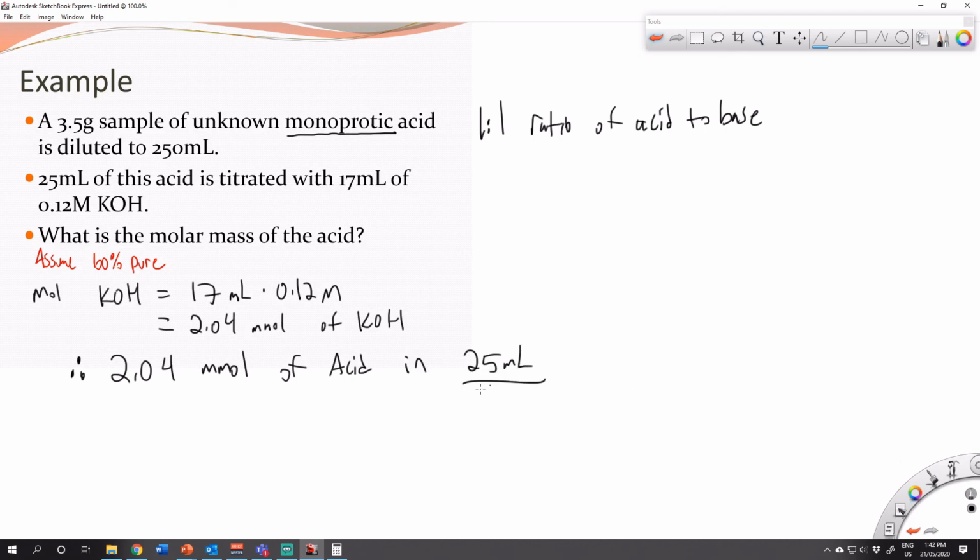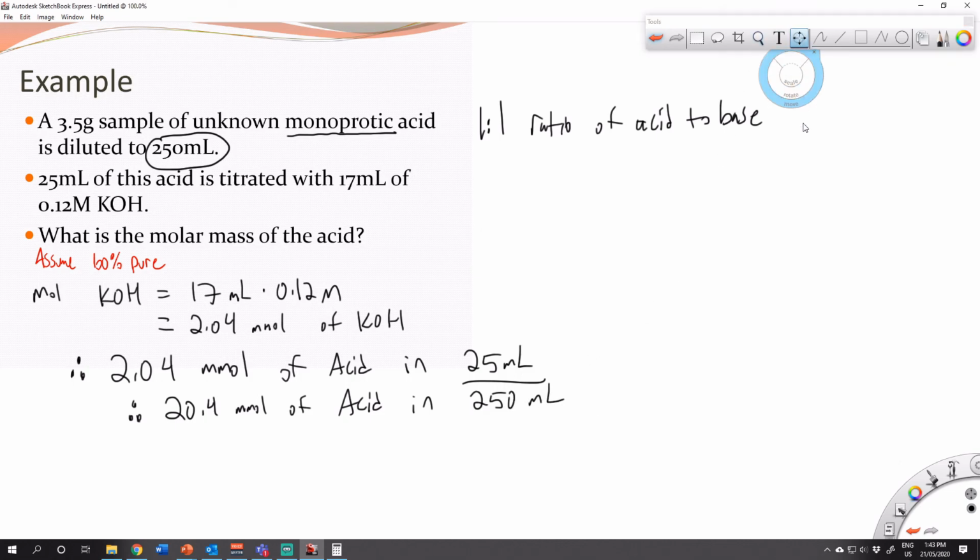And then from there, because we diluted our sample to 250 milliliters originally, we can say, therefore, we have 20.4 millimoles of acid in 250 milliliters.